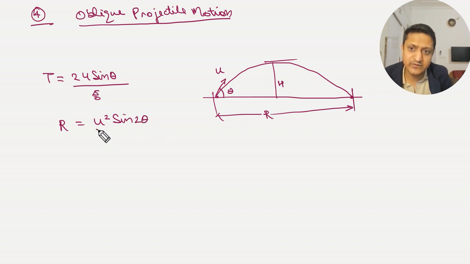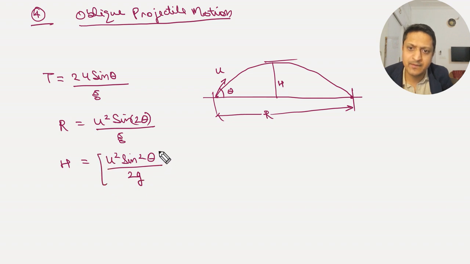Okay, this is not square, this is 2 theta, in the bracket here, and g is in the denominator. And the height formula is u square sine square theta upon 2g. So we got all the formulas here.